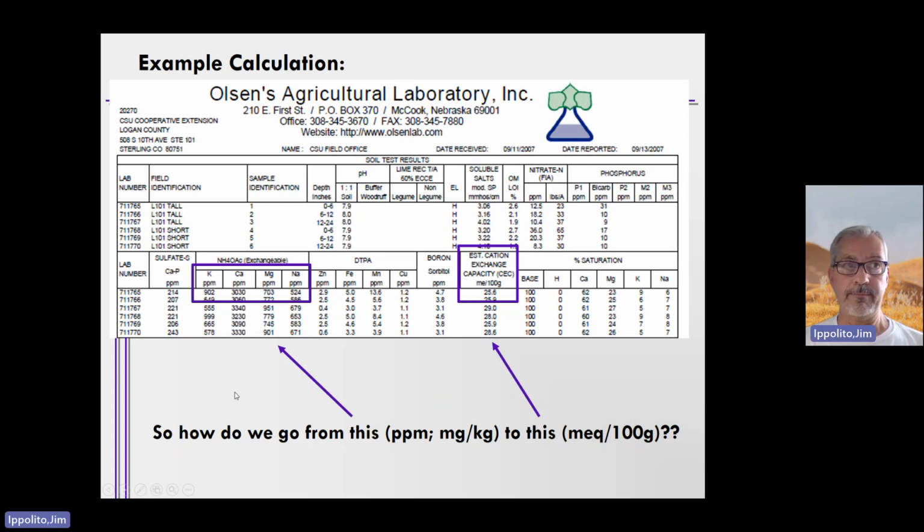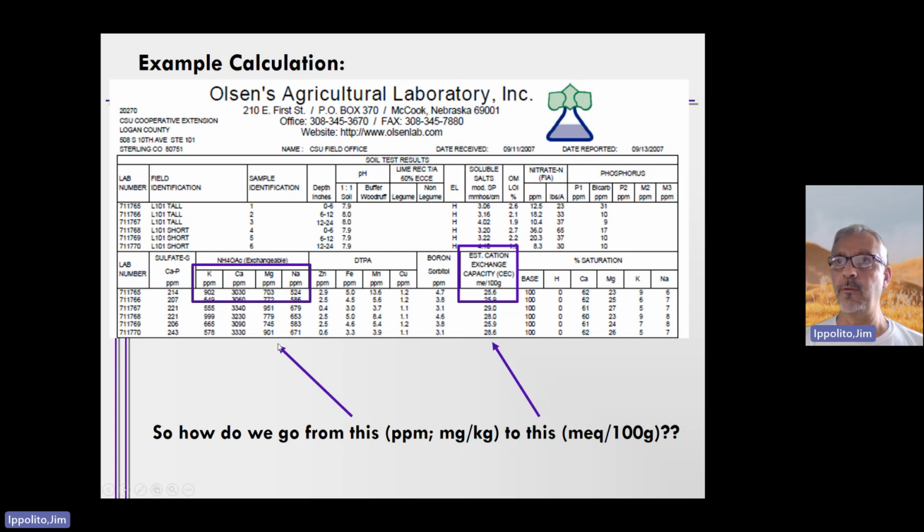Well, we can do this, and it's not difficult. We know the weights of each one of these elements, and we know the charge of each one of these ions, right? So potassium has a +1 charge, calcium has a +2, magnesium is +2, sodium is +1.